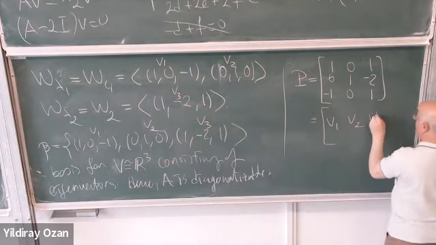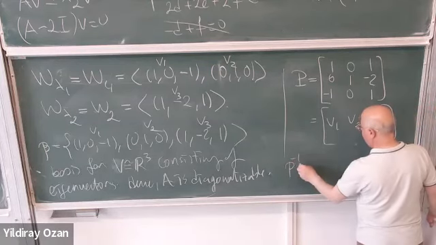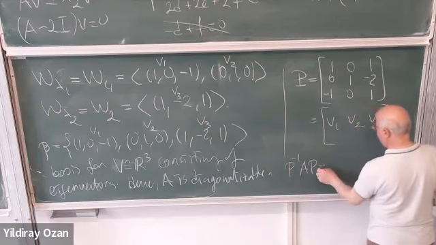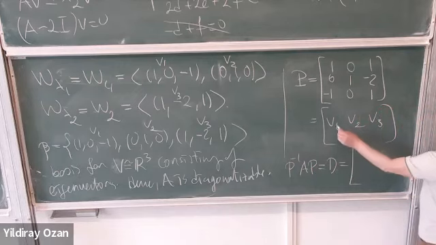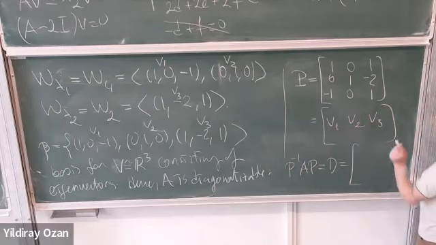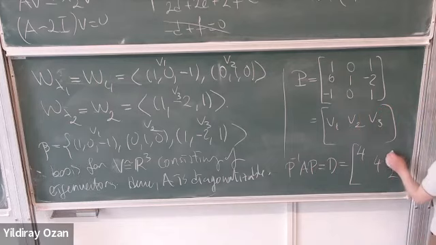V1, V2, V3. Then we know what? Then P inverse A P is the diagonal matrix. And what are the diagonal entries? This corresponds to the eigenvalue 4, so I have 4 here. This also 4, and then I have 2 here. So that would be the diagonal form. Okay. If you want, we can check this. Let's check this out.